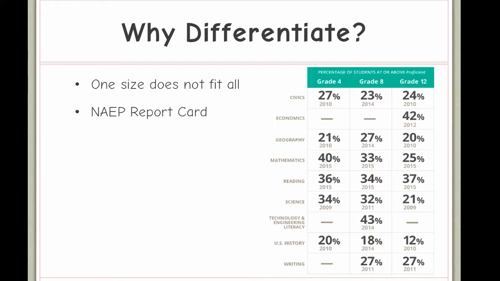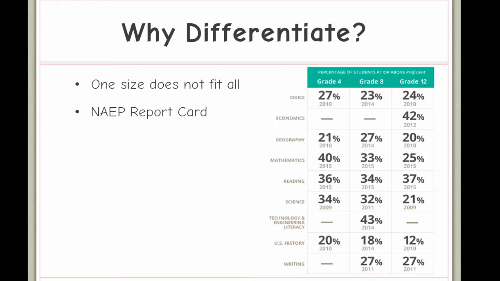I don't have the latest data here for you, where we're starting to see an upward trend. Actually, right here you see 2014. So we have different years here, where we're starting to see some increase in achievement based on hopefully the Common Core and improved differentiation in the classroom.